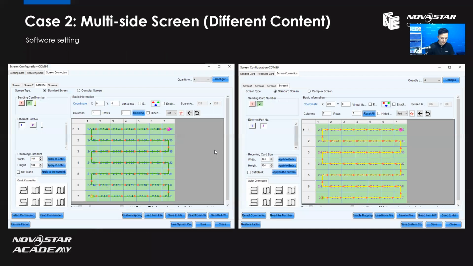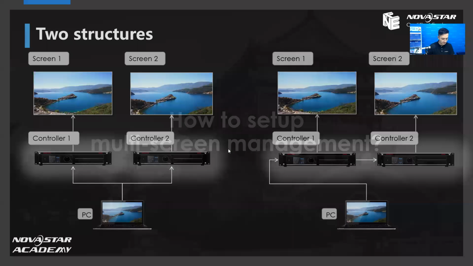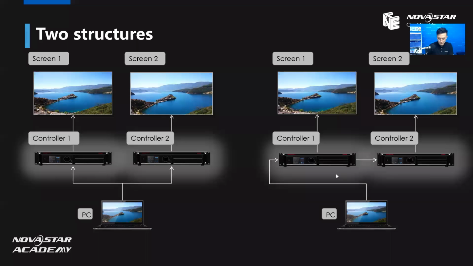The difference between these 2 structures is, you can see here, they're using 2 controllers. The main difference is the 2 controllers are cascaded or non-cascaded, right? So the first structure is non-cascaded units, and here is cascaded.